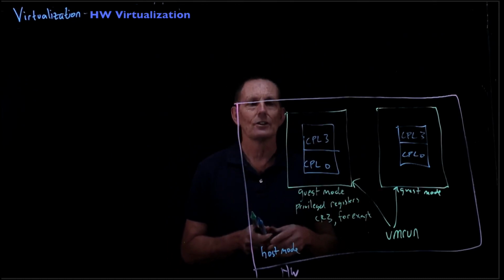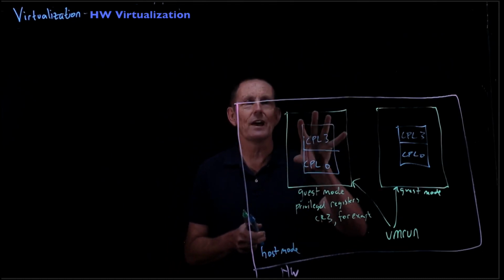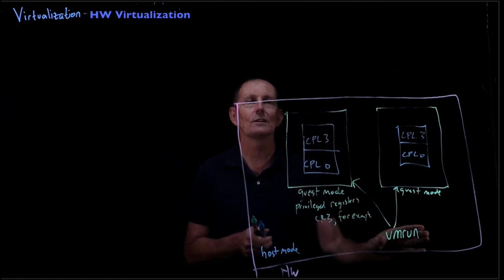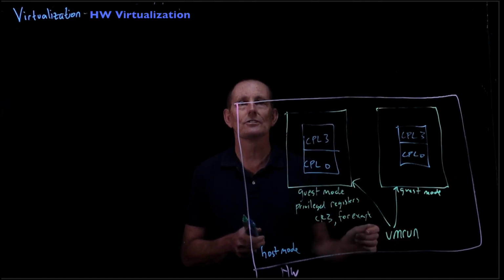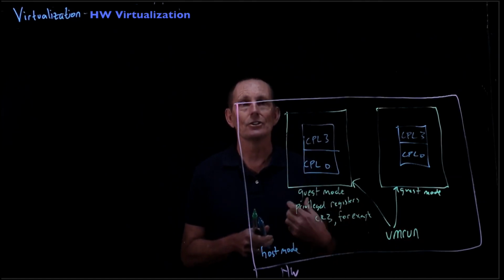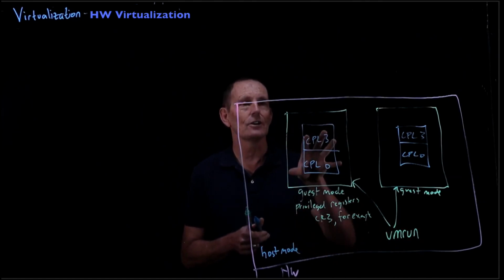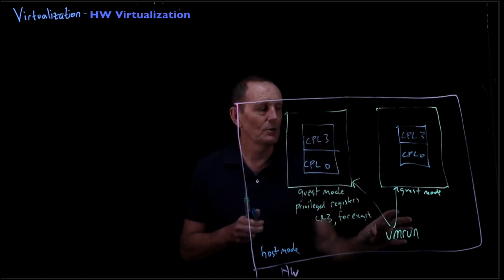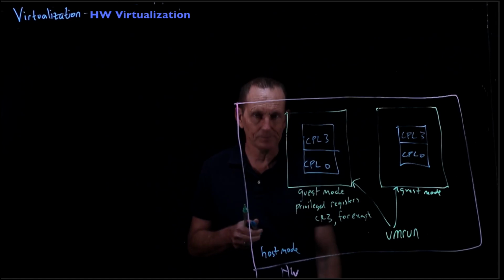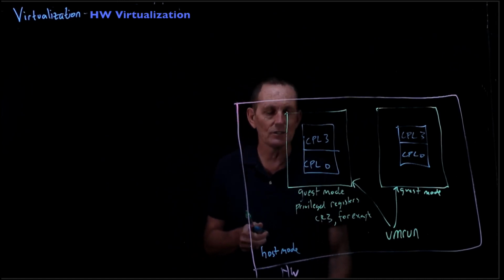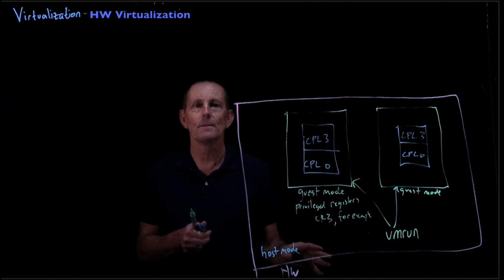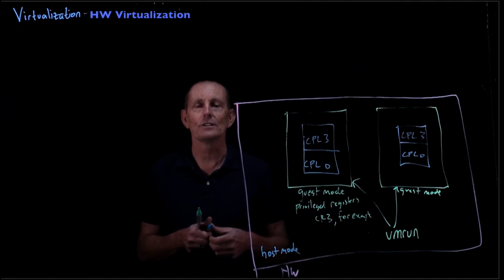Now, of course, these guest modes don't have full access to the entire hardware because they don't themselves have access to the VM run. So the VM run instruction is intended just for doing virtualization so that we can virtualize the whole rest of the x86 architecture, but not the VM run itself. And so this is one of the additions that was made to the x86 architecture to allow hardware virtualization.